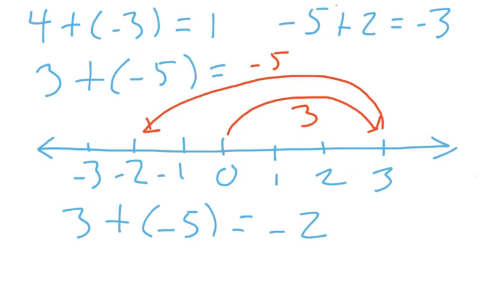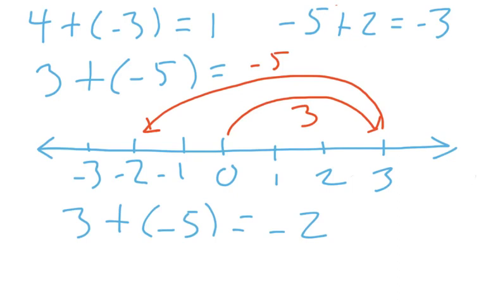Looking at that answer, it looks like what we're doing again, when the numbers have opposite signs, we subtract their absolute values, and the answer takes the sign of whichever number is larger in absolute value. And that happens to be the -5 is larger in absolute value, so the answer is negative.